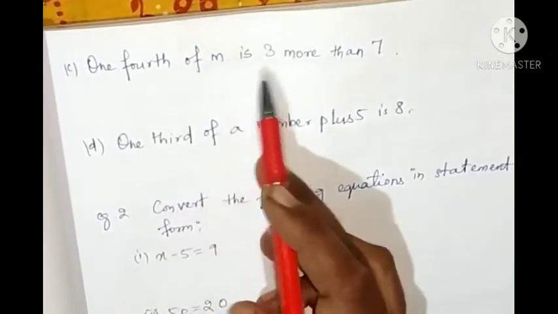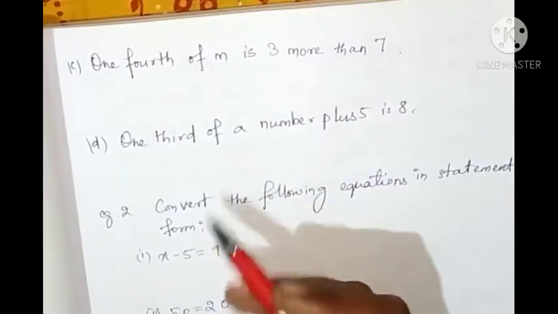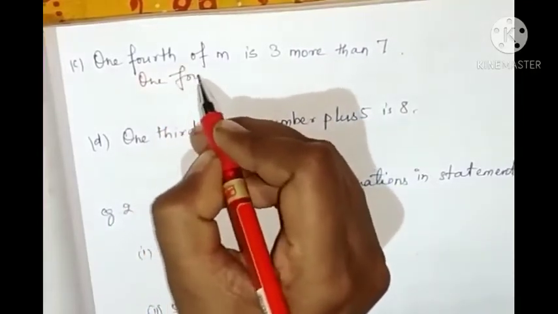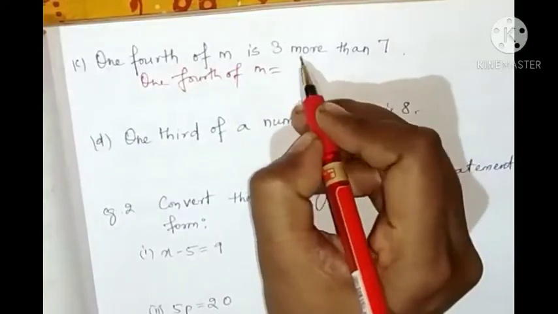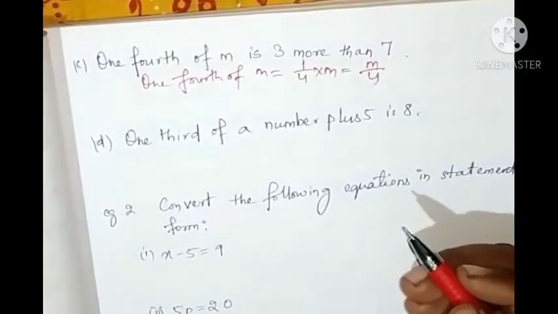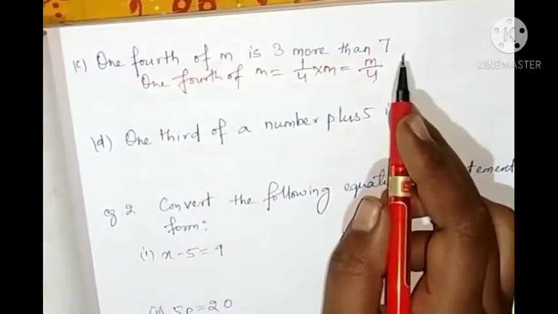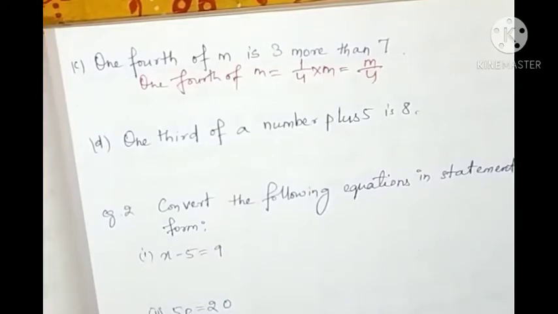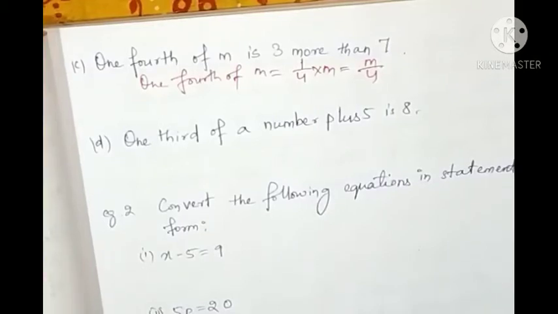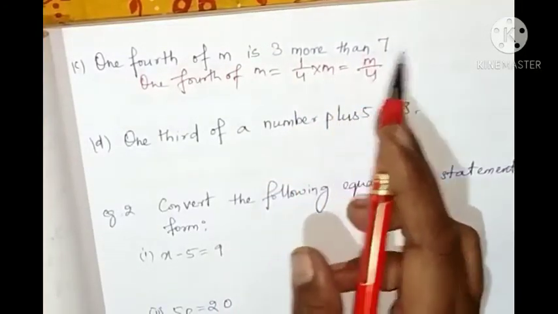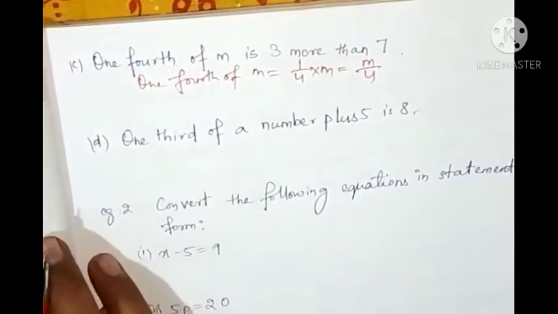1/4 of m is 3 more than 7. So 1/4 of m is 1 by 4 into m, what you will write? m by 4. 3 more than 7 means it is greater than 7 by 3.